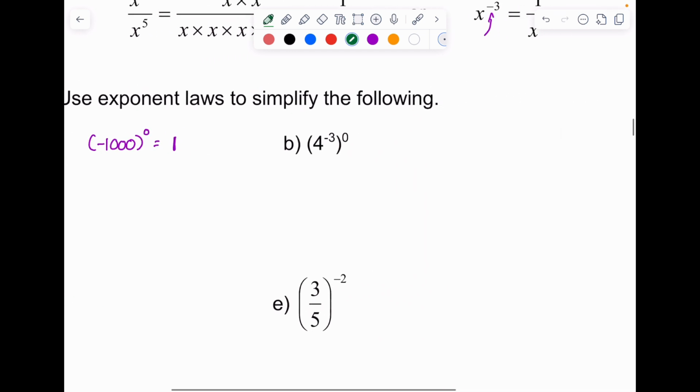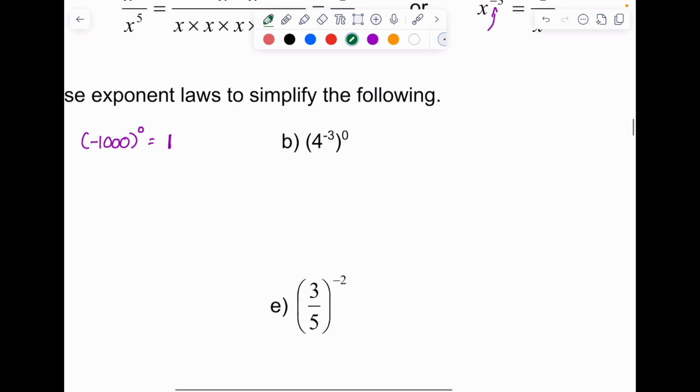All right. So B. Well, we have a negative exponent. So let's work with the inside first. So we have a negative exponent, so you write 1 over and then 4 to the 3, all to the 0.